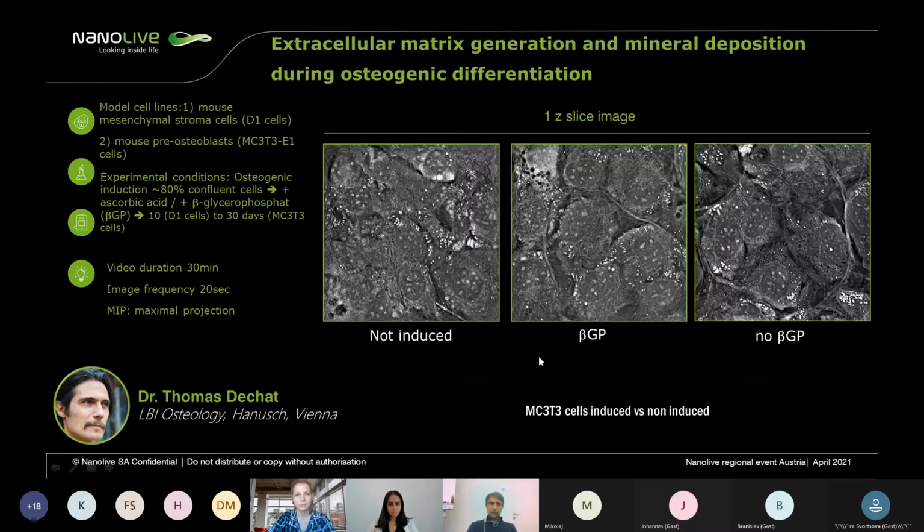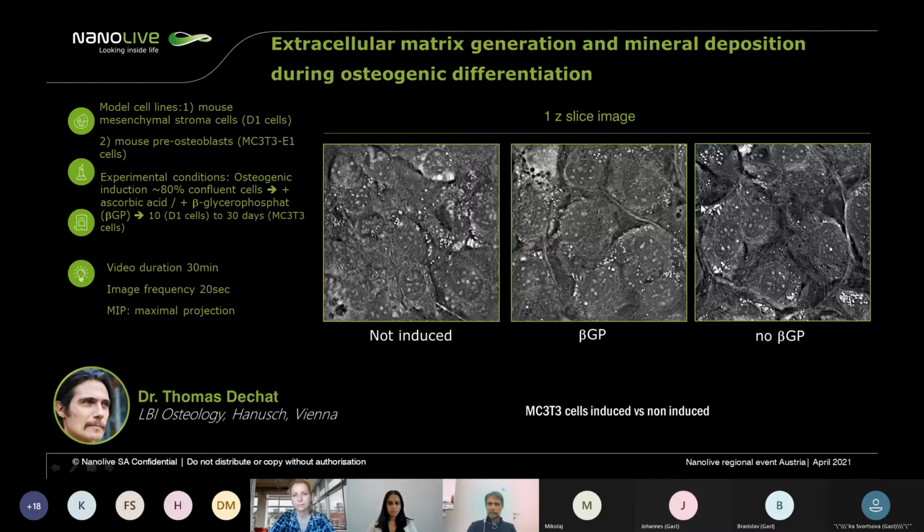By looking now at the images for the presentation, I'm not sure, but it could be that because these are not induced, they shouldn't produce a strong extracellular matrix and no mineralization. In these two images, which have been induced, I don't know, but these structures here might already be collagen fibers from the extracellular matrix.